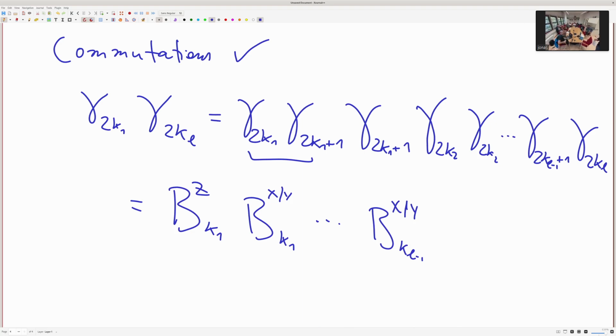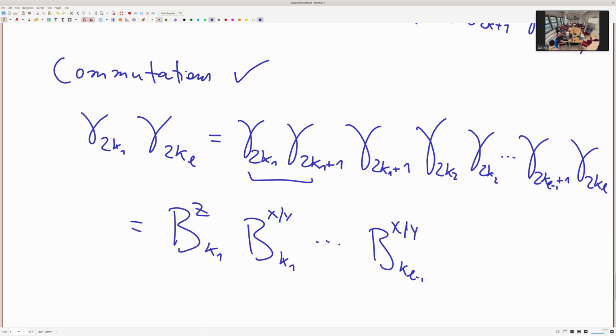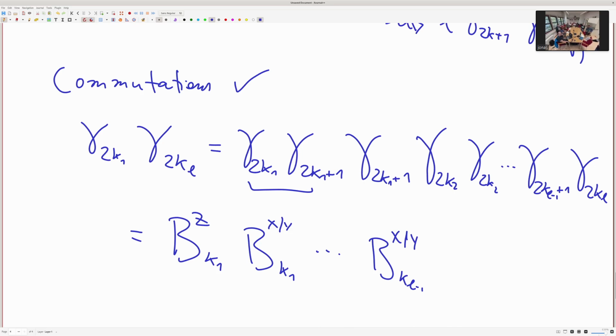So far it all looks good. It seems that we can indeed generate the whole even fermionic algebra. One last caveat that one might notice is that we've said that I can represent these operators in terms of B operators by concatenating B along a certain path. But you might realize that there are different paths connecting any two points, right?